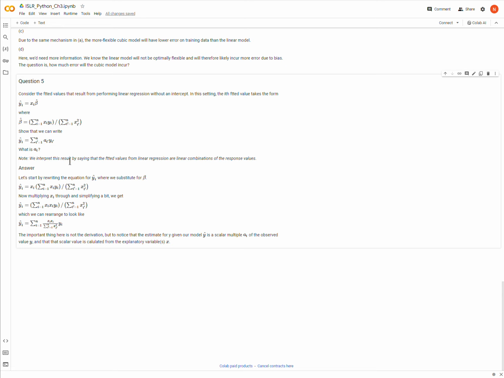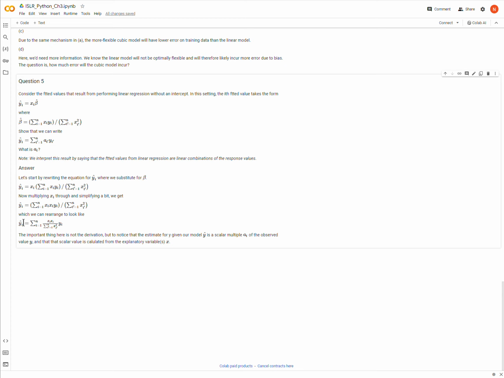Now, let's get back to the note that's left in the question. We interpret this result by saying that the fitted values from linear regression are linear combinations of response values. Okay, this is what's important. This is what this whole question is driving at. In linear models, our estimates y hat are a scalar multiple a_i of the observed value for y.